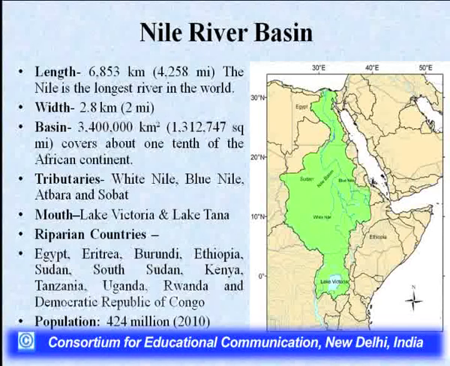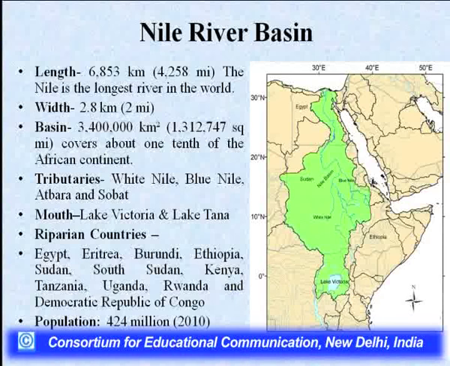The Blue Nile originates from Lake Tana and the White Nile from Lake Victoria. There are 11 countries from where this river takes its water: Egypt, Eritrea, Burundi, Ethiopia, Sudan, Southern Sudan, Kenya, Tanzania, Uganda, Rwanda, and the Democratic Republic of Congo.